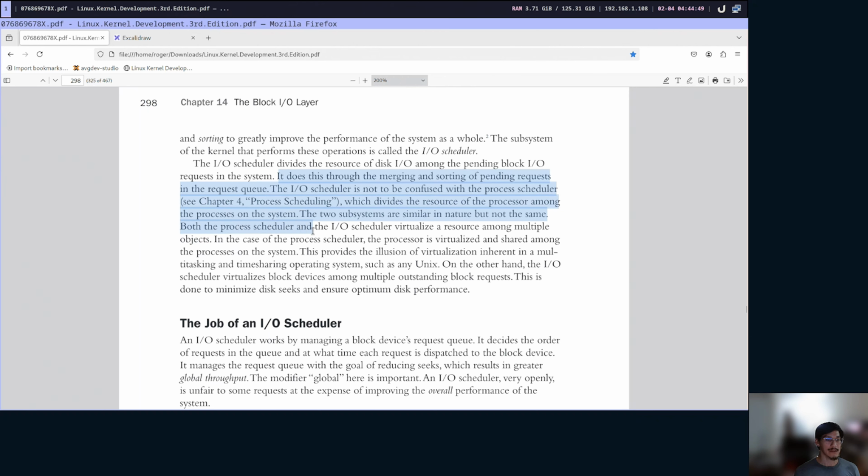Both the process scheduler and the I/O scheduler virtualize a resource among multiple objects. In the case of the process scheduler, the processor is virtualized and shared among the processes on the system. This provides the illusion of virtualization inherent in a multitasking and time-sharing operating system such as any Unix. On the other hand, the I/O scheduler virtualizes block devices among multiple outstanding block requests. This is done to minimize disk seeks and ensure optimum disk performance.